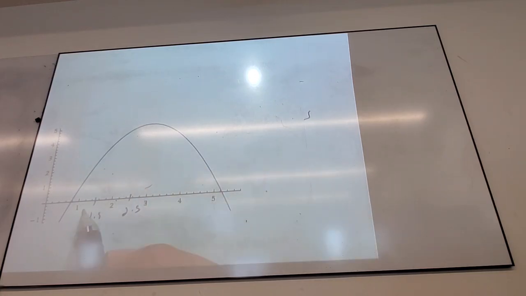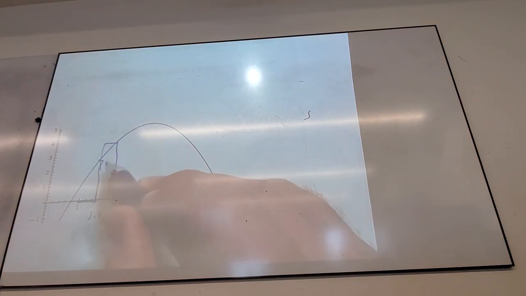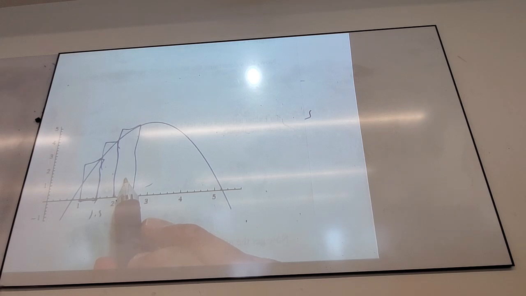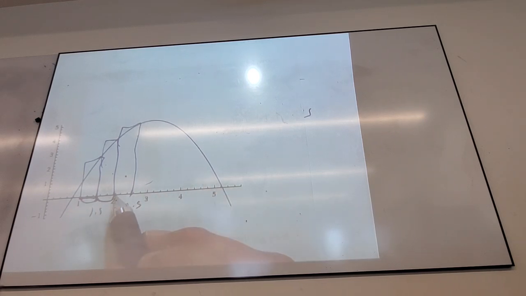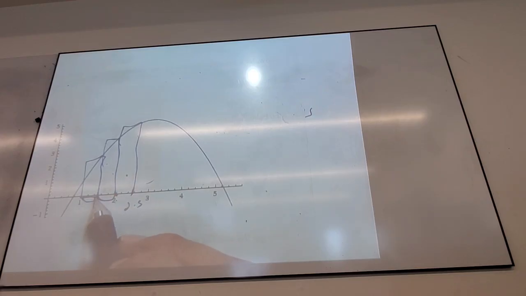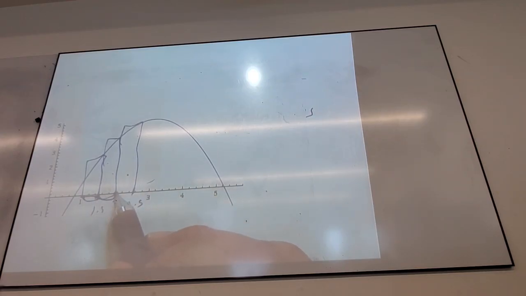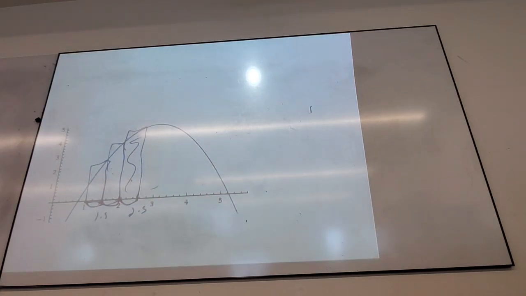For this one, the first rectangle was here, the second rectangle was here, third rectangle was here. How did I get to the third rectangle? Don't I start at 1 and go 1, 2, 3.